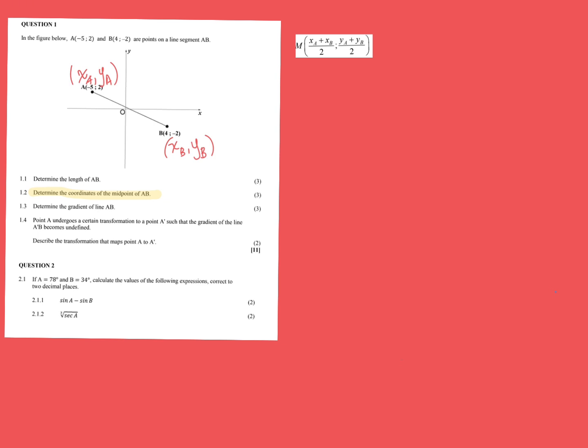So here we have xa, the x coordinate of point A, it's negative 5, plus the x coordinate of B, that is 4, all divided by 2. And then the y coordinate of A is 2, plus the y coordinate of B, that's negative 2, divide by 2 as well.